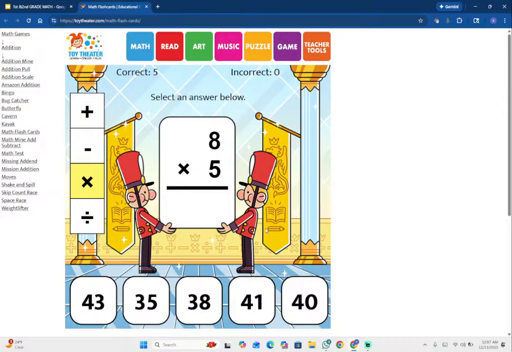So this means there's 5 sets of 8. So 8 plus 8 plus 8 plus 8 plus 8, that's 5 times. So after we do that, that means we get 40.